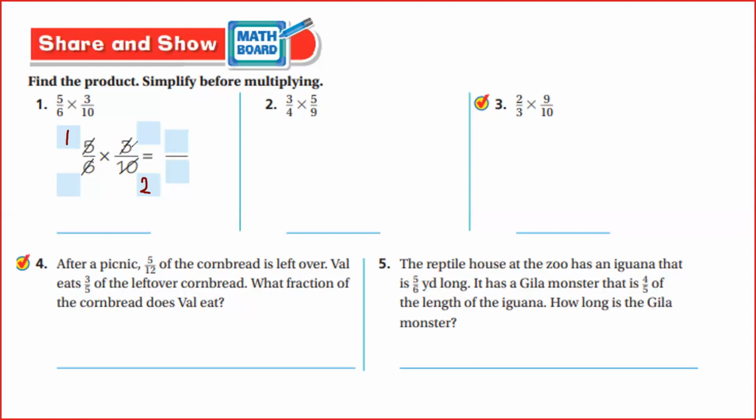So 3 divided by 3 is 1. 6 divided by 3 is 2. Good job. Then 1 times 1 is 1. 2 times 2 is 4. Thank you, Lama.